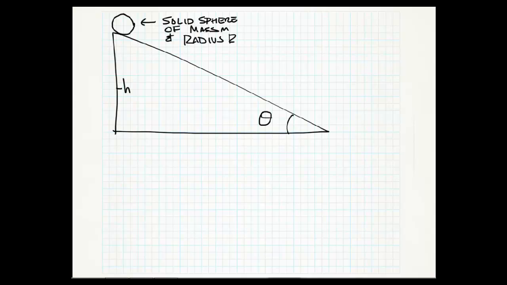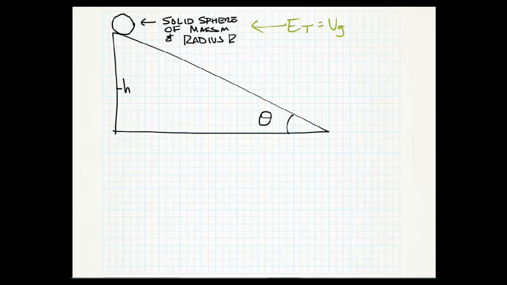So what we're going to do is release that thing down the plane, and we're going to look at what happens. So at the top, our energy is all potential.